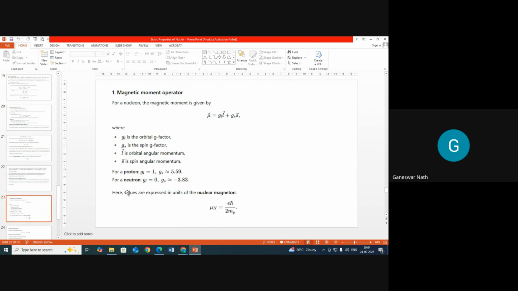Let me now go to the magnetic moment operator individually. For a nucleon, when there is a charge there is a magnetic moment.